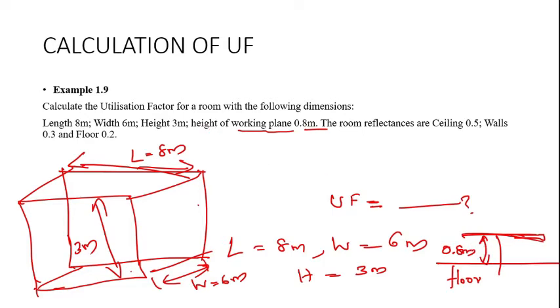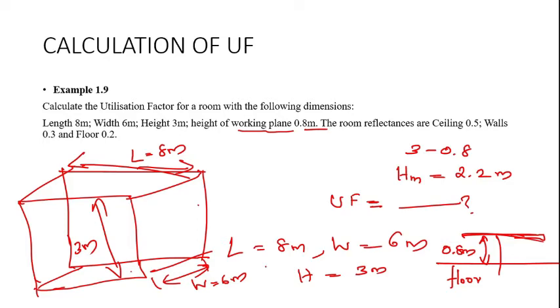So the mounting height you can calculate from all these given data: the overall height we have is 3 meter, and 3 minus 0.8 will be the mounting height, or the effective height at which the luminaire has to be placed. So mounting height will be equal to 2.2 meter.